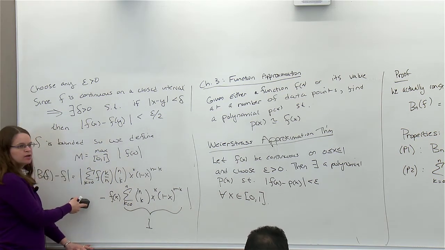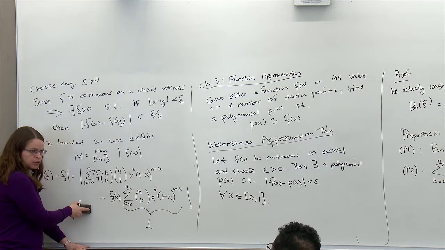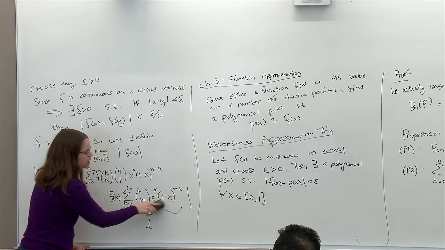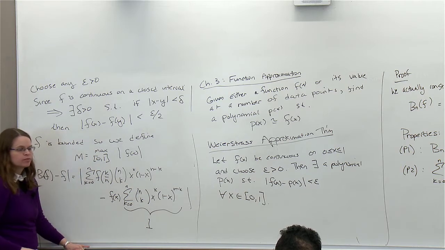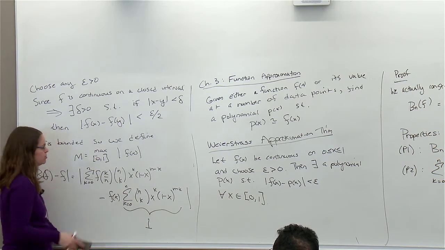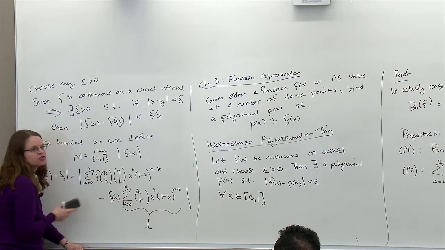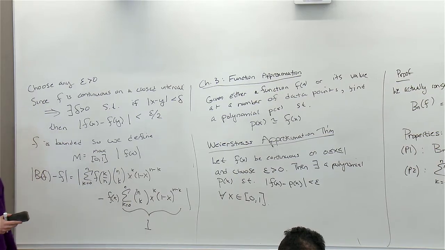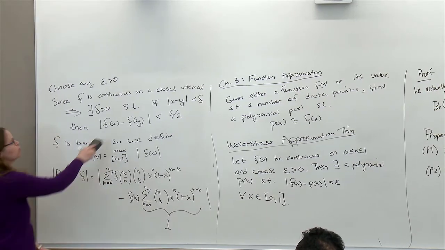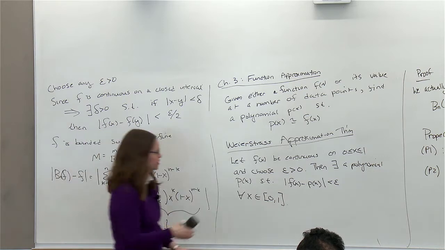Which means I can put this under one sum. I can factor out all the complicated looking terms that show up in both sums. And then I have a difference between f at 2 points. A difference between f at 2 points is good because we know something about the difference between f at 2 points.